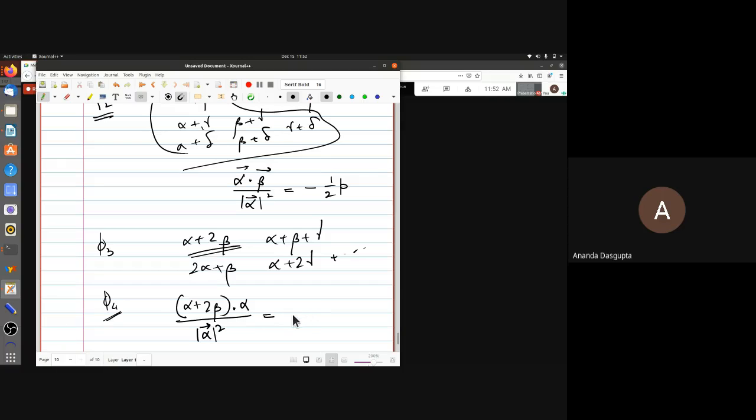Now, is this going to be minus half? Okay, what is this going to be of the form? This, remember, is a root. Alpha plus 2 beta is a root. Alpha is a simple root, but is a root.